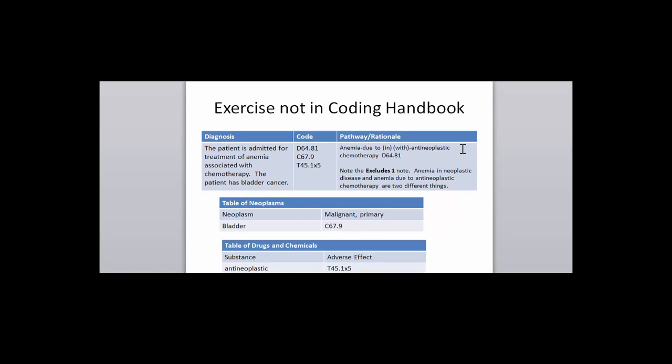So here's your anemia code. The pathway is anemia due to anti-neoplastic chemo, D64.81. And note that there is an excludes one note. Anemia in neoplastic disease and anemia due to anti-neoplastic chemo are two different things, two different codes.